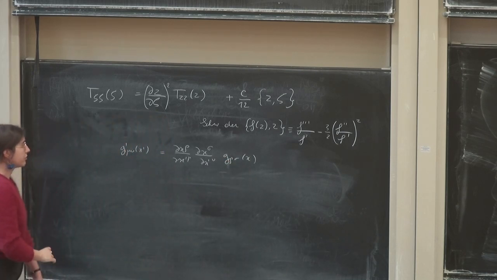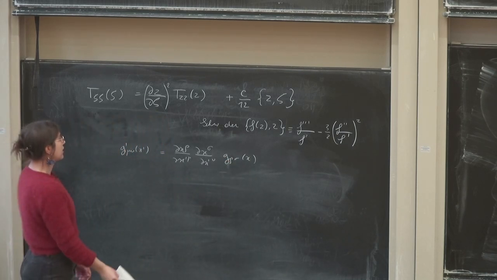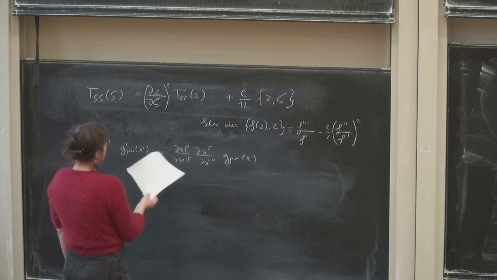For that one, you can remember how a two-tensor transforms because you want ds squared to be invariant.